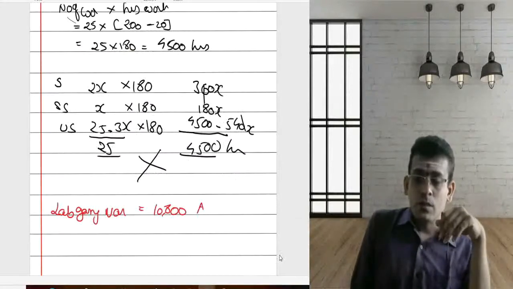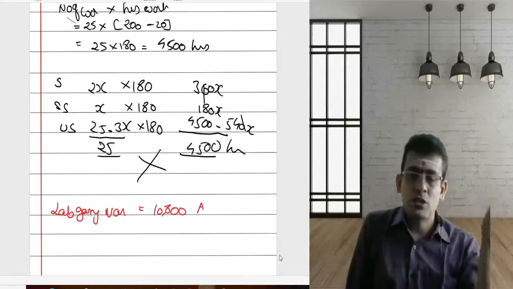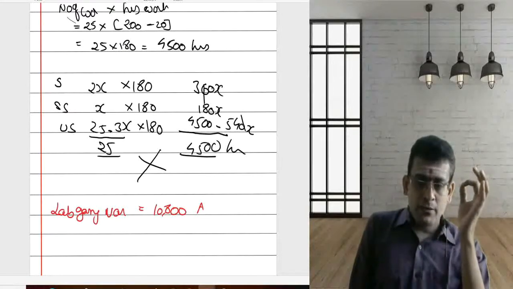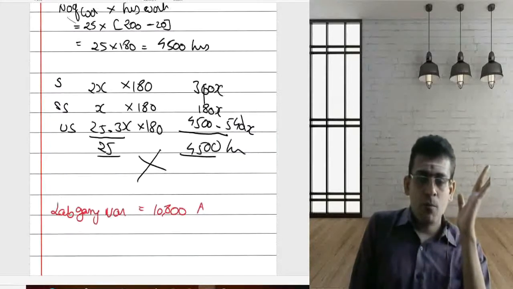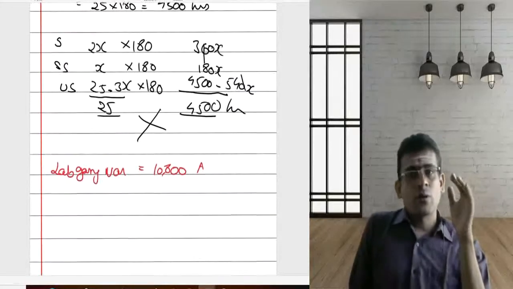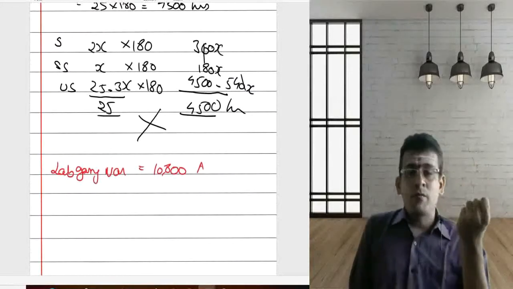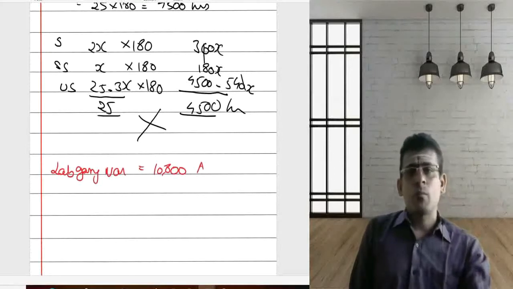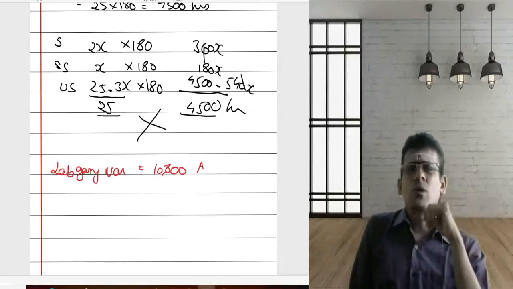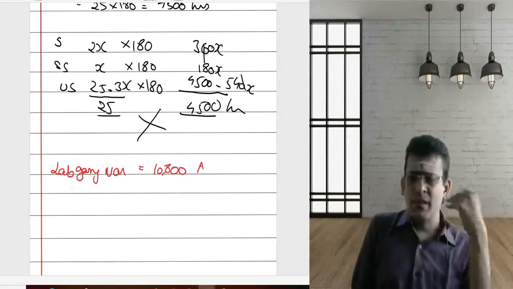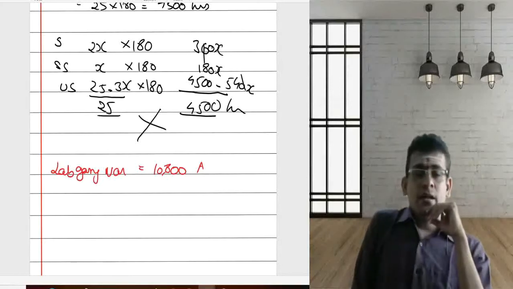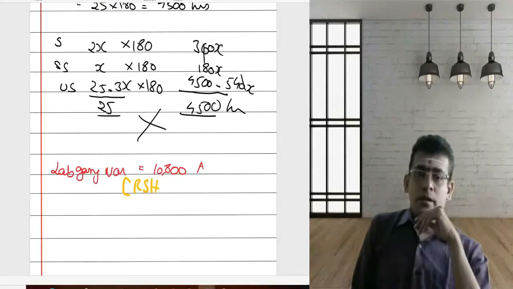Now, what will you do with this? You are stuck again. Simply write the formula for this. Then you try to find out the requirement for this. Then ultimately your problem will follow a sequence. Now the formula is what? The formula for gang variance: I need to calculate something called revised standard hours, right?